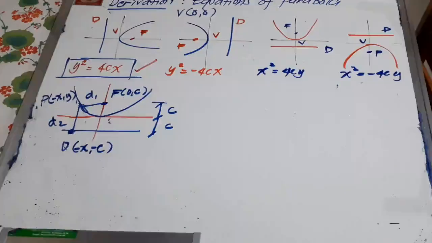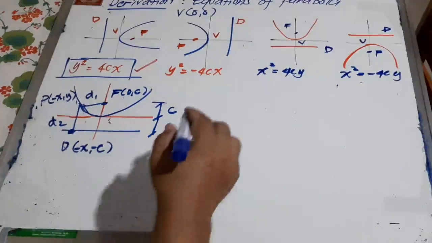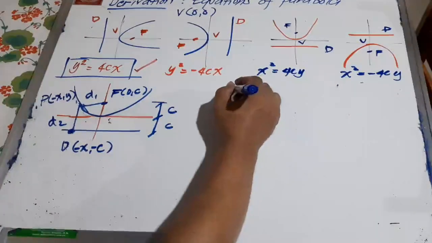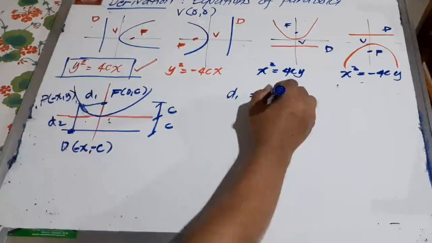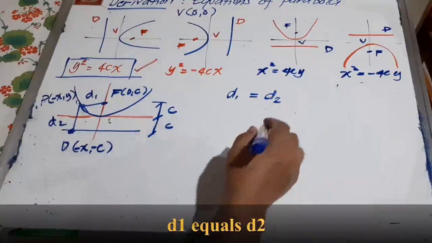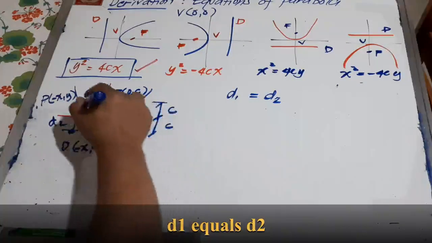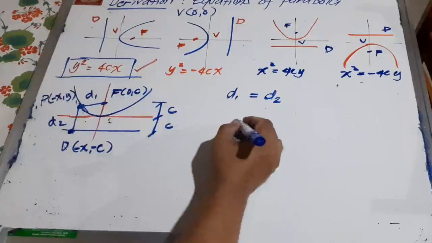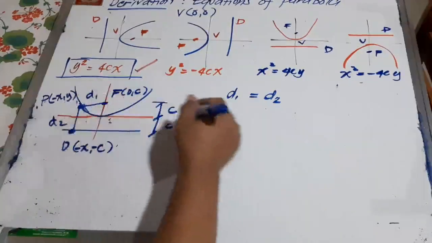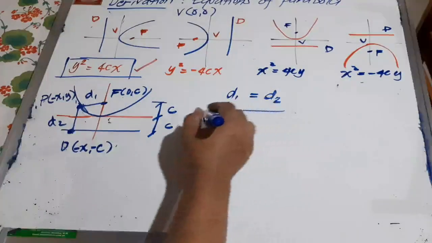definition. And its definition says that this curve is always equidistant to the fixed point and the fixed line. Therefore, d sub 1 is d sub 2. So we're going to apply distance formula to determine the two distances. Okay? So we have FP. So that will be the square root of the square of the difference of the abscissas.